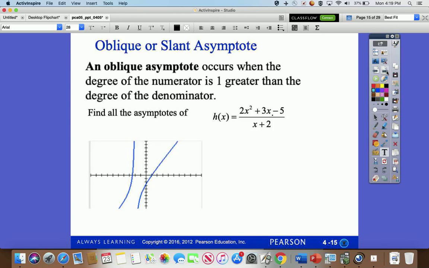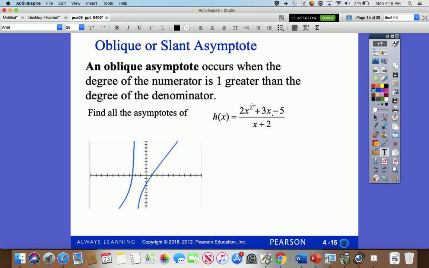So then we have something called an oblique asymptote. Graphs can have one horizontal asymptote or no horizontal asymptotes. If they don't have a horizontal asymptote, then they can have an oblique asymptote. And it only happens when the degree of the numerator is 1 greater than the degree of the denominator, like this example right here.